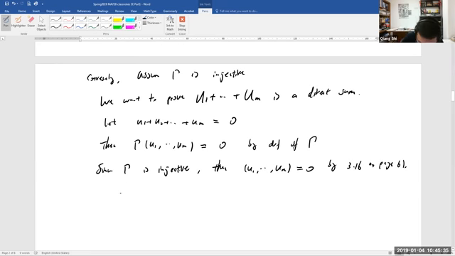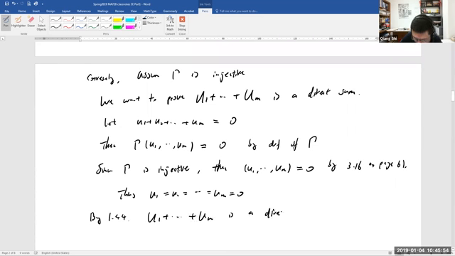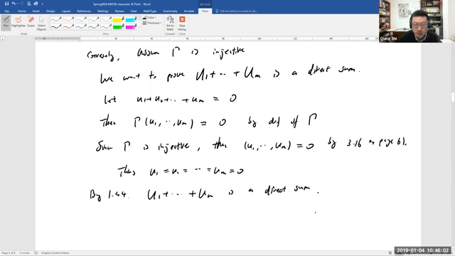So then u1, u2, each individual one, are all equal to 0. Right? So by 144, the sum is a direct sum. Okay, so this proved something.